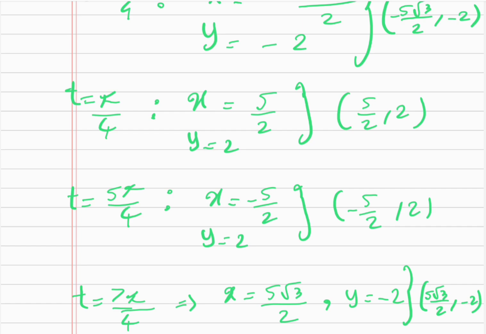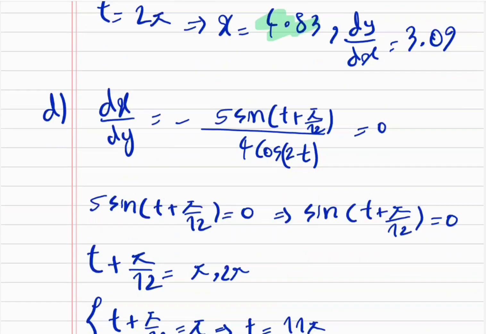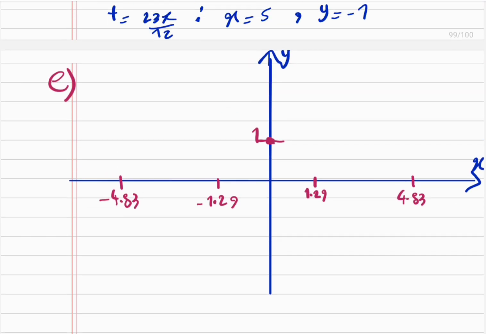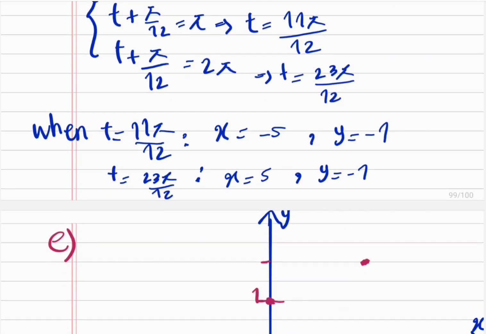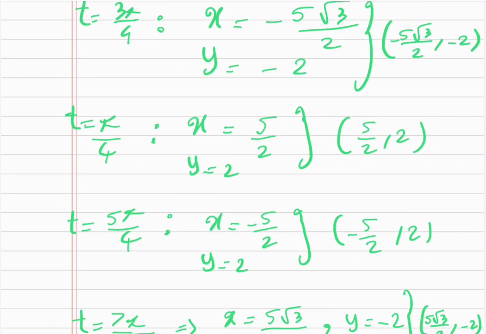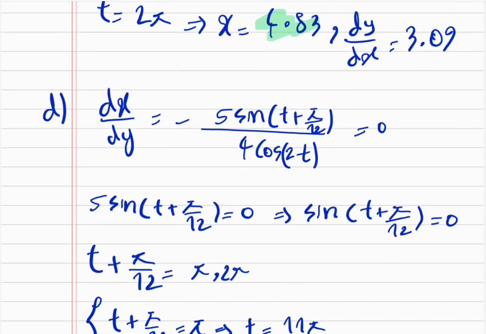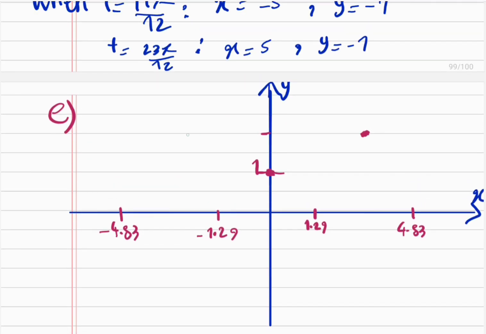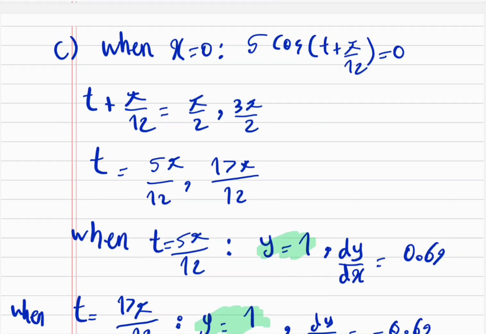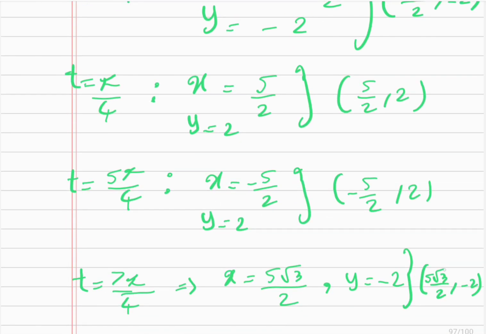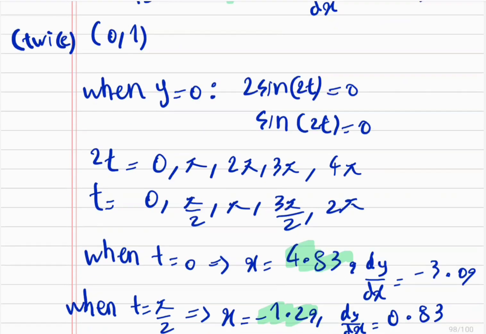We can start with 5/2 and 2, which is roughly here. Then the next one is minus 5/2 and 2, somewhere here. Then the positive one first: 5√3/2 and minus 2.